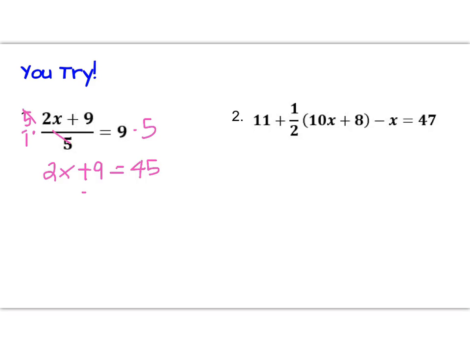Two-step equation now. I need to subtract 9 on both sides, and I'm left with my 2x equals 45 minus 9 is 36. I'm going to divide both sides by 2, and you should have gotten x equals 18. Make any corrections if you did not get that correct.